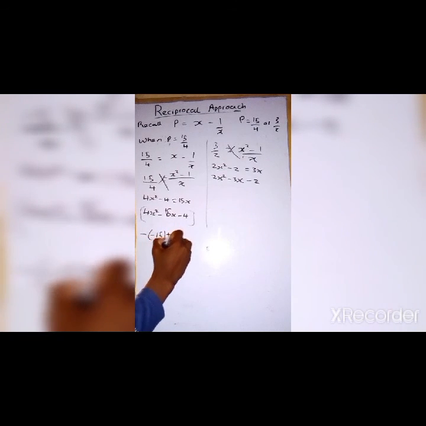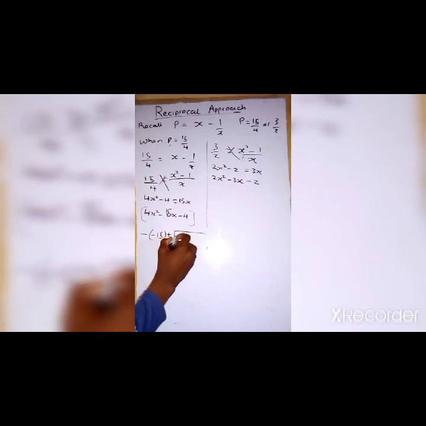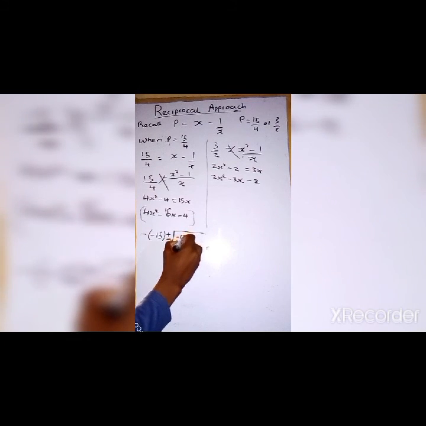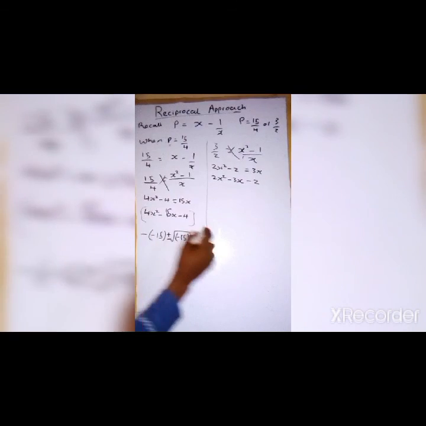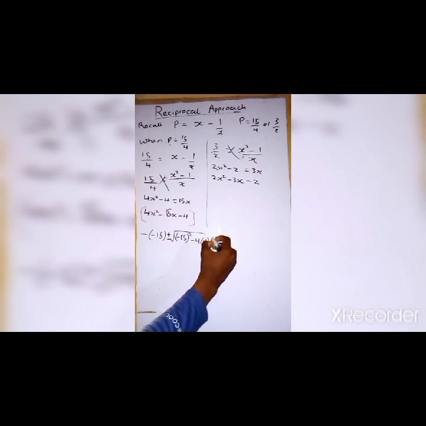Let's use the quadratic formula for both. So this one will be minus minus 15 plus or minus square root of minus 15 squared minus 4 into bracket. What is my a? 4, and my c is minus 4, right?